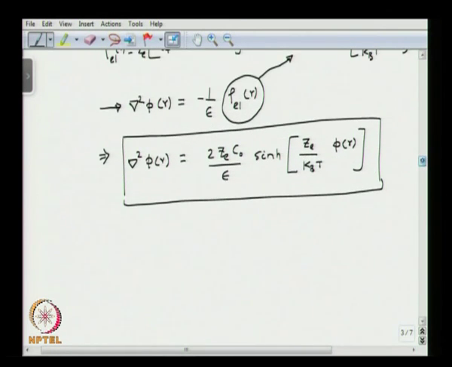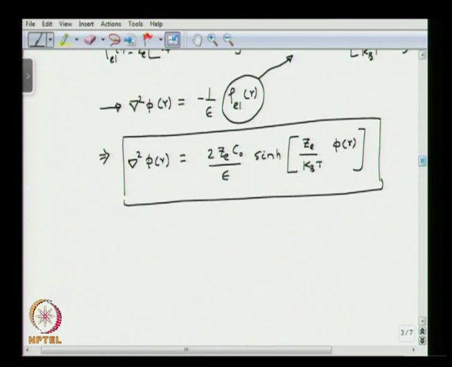Now if we consider that the surface is flat, then we are considering that the variation is going to happen only along a direction normal to the surface. So in that case phi can vary in one dimension.